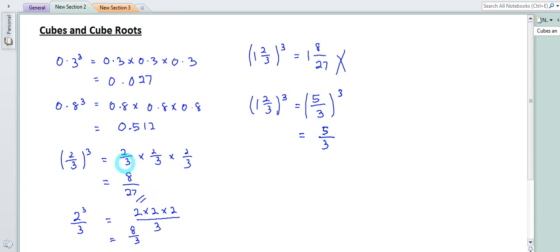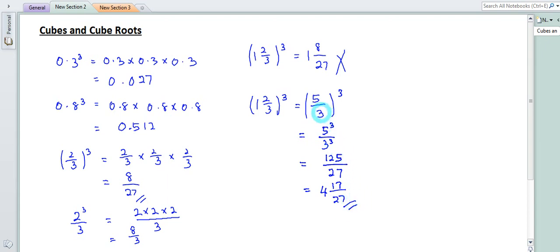If you don't want to write this way, you can actually write like this. 5 to the power of 3, you get 125, and 3 to the power of 3, you get 27. So the next step, if you want to change it back to a mixed number, you can just key in your calculator and you will get the answer easily, which is equal to 4 and 17 over 27.